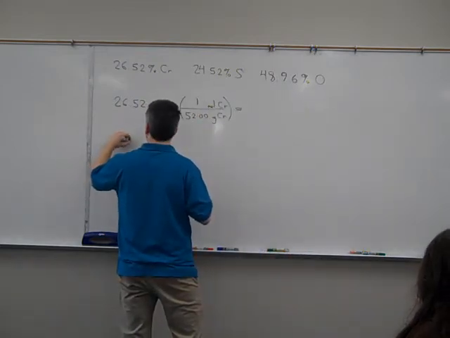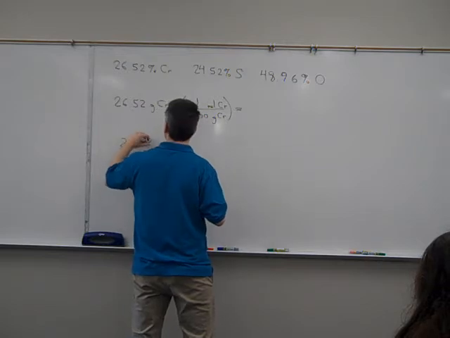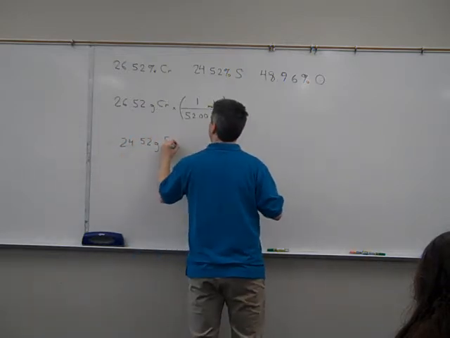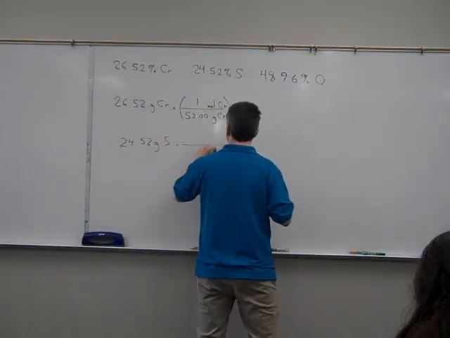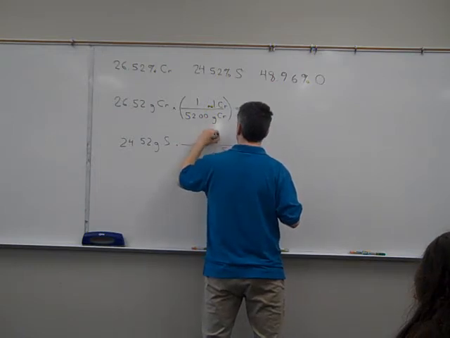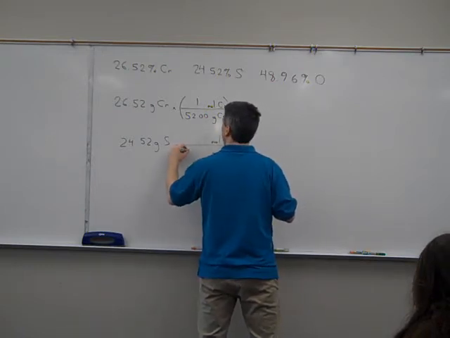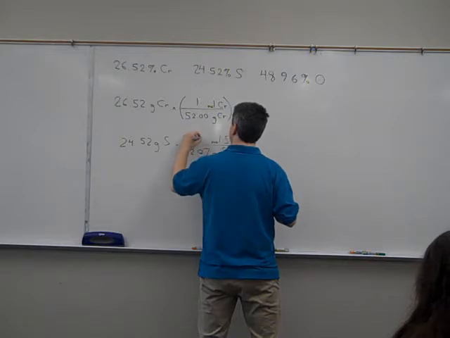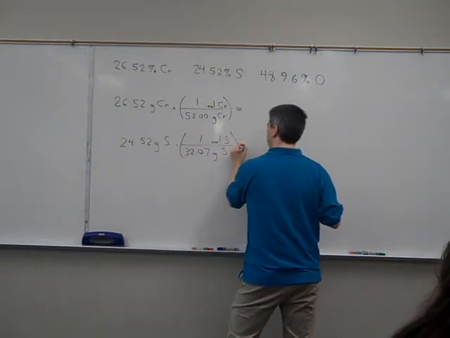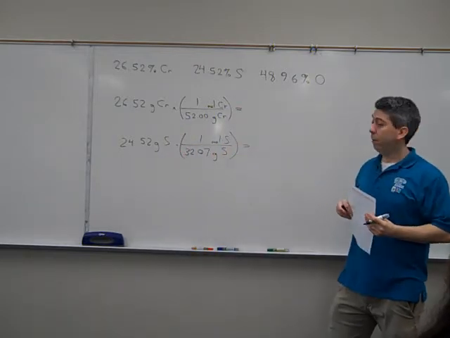So I do 24.52 grams of sulfur, and I'm going to go ahead and convert grams of sulfur to moles of sulfur. 32.07 is the molar mass of sulfur. So that takes care of that.